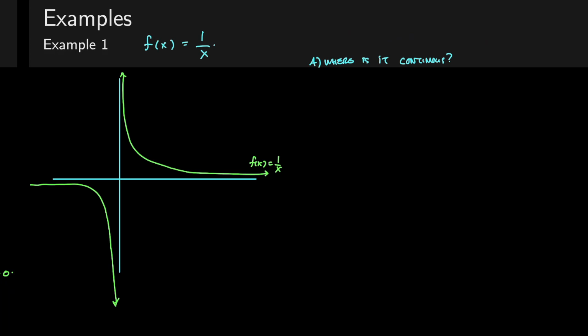We have a discontinuity. What type? We have an infinite discontinuity or vertical asymptote at x equals 0. So this tells us that it's continuous then on the interval from negative infinity up to 0, and we could use this union sign to join the two sets, and from 0 to positive infinity.